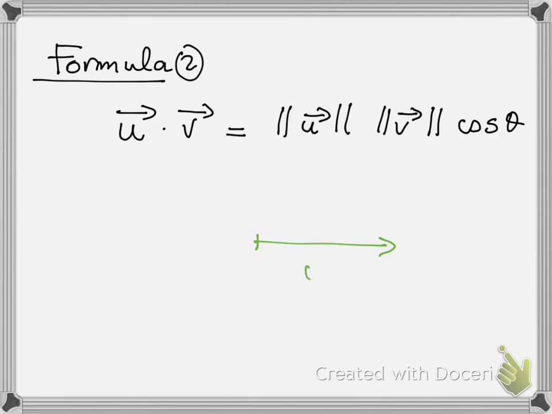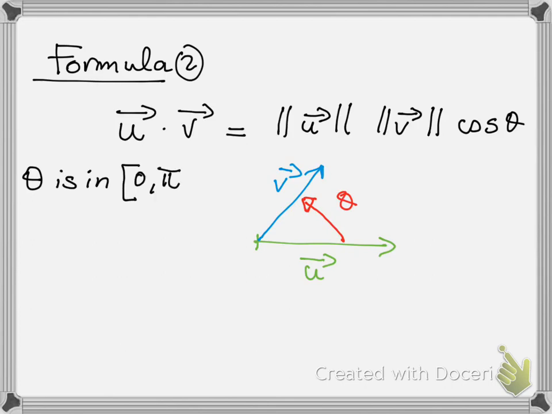Let's say this is u, and this is the vector v. So theta is the angle between the vector u and the vector v. Here's theta. Just one remark here, theta must be in the interval 0 to pi.